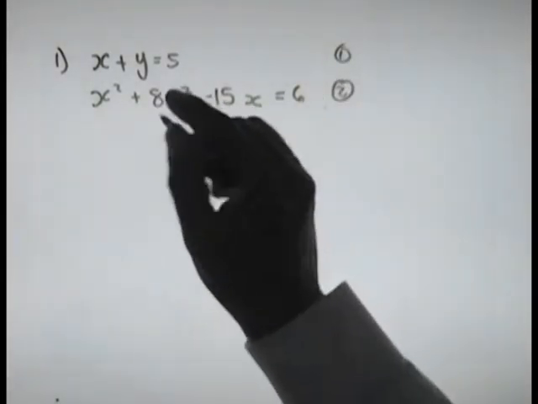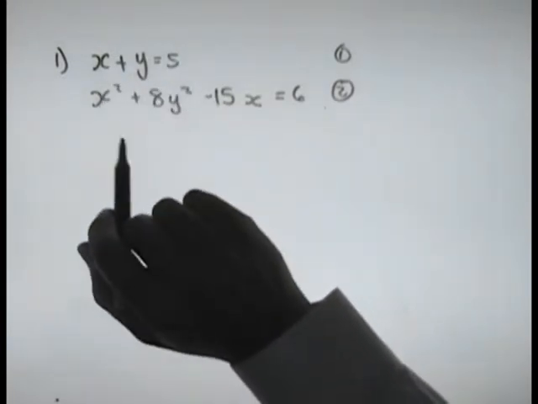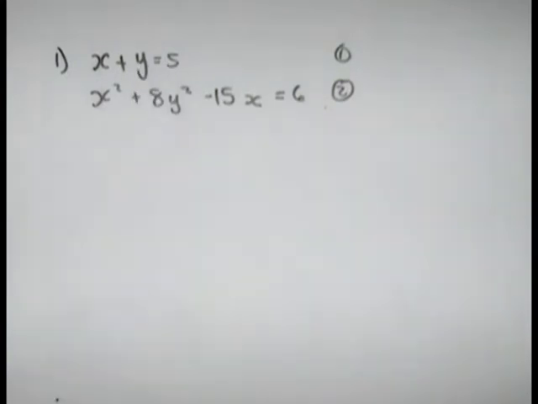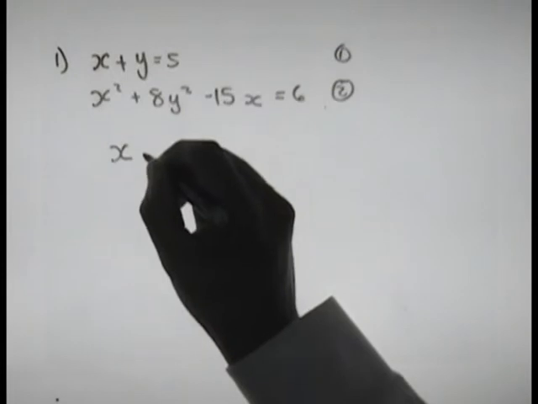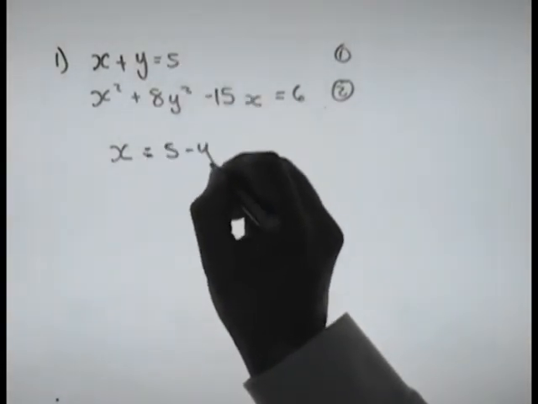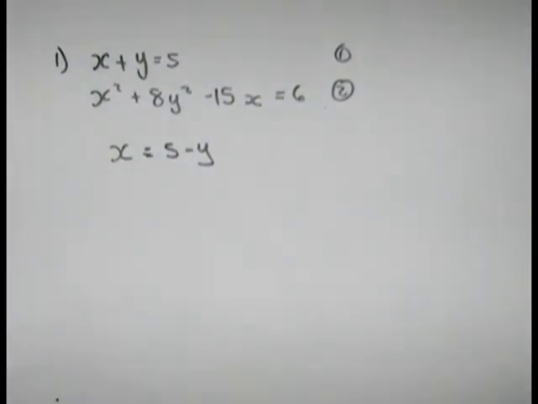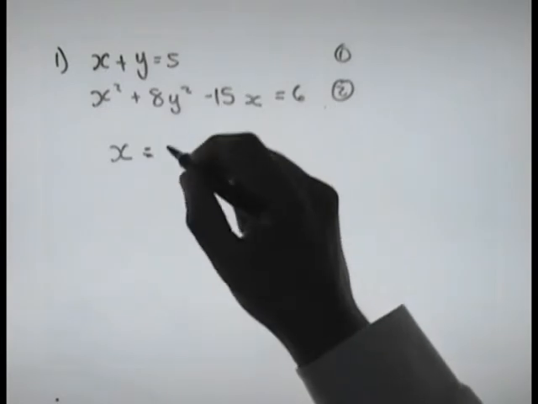The first thing I'm going to do is get either x or y in terms of 5 and the other variable. I'm going to make this x, that first equation, x is equal to 5 minus y, or minus y plus 5.